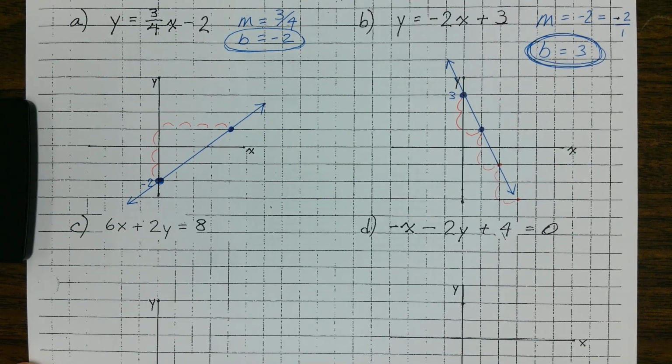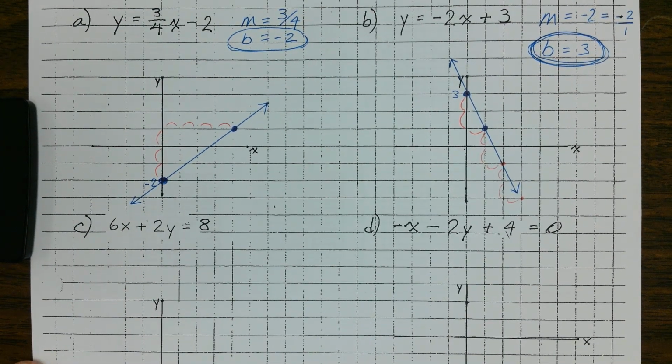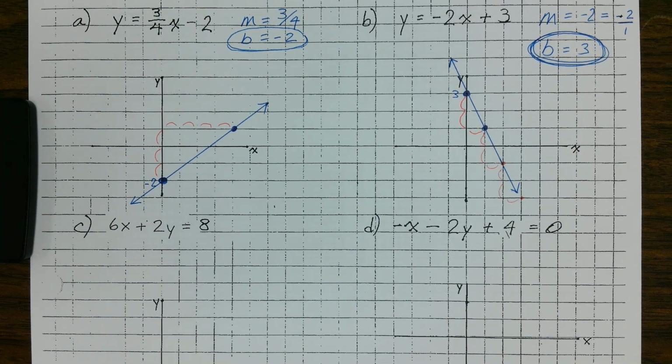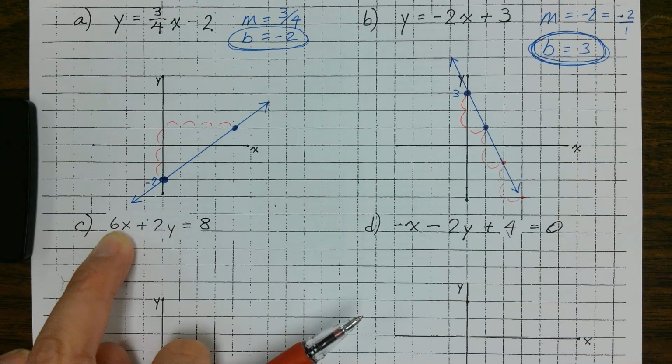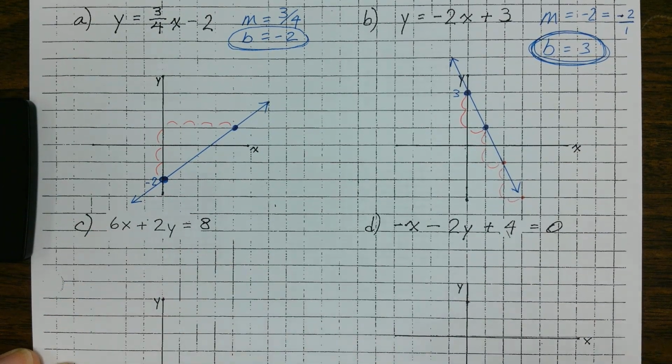So example C. What's my slope? What's my y-intercept? What's wrong? You have to rewrite it first. It's not always the number in front of x. You have to rearrange it.